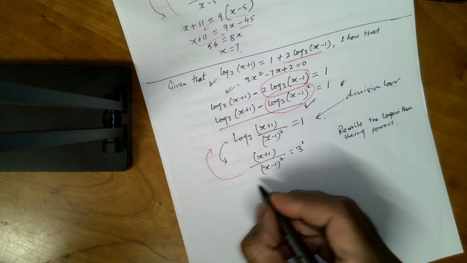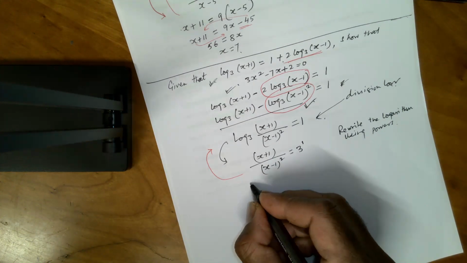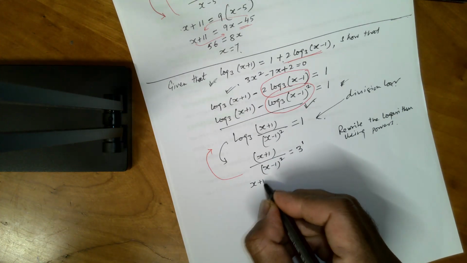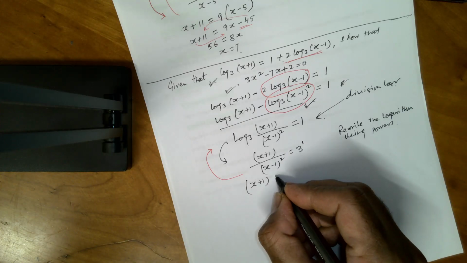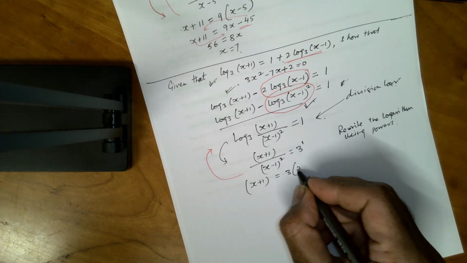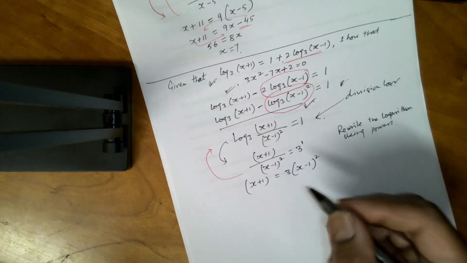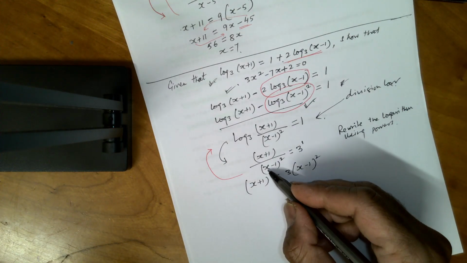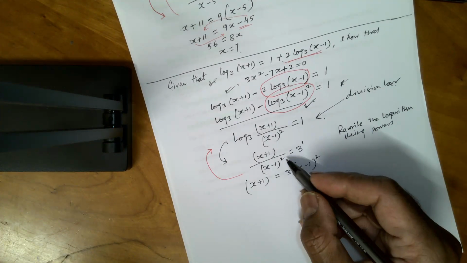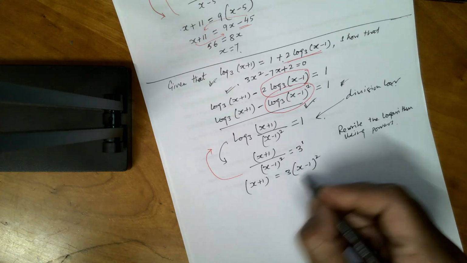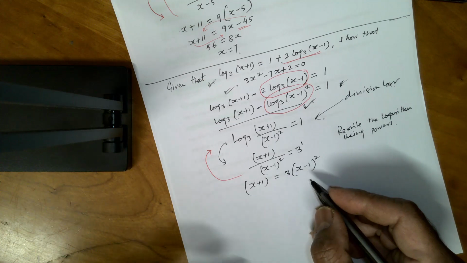Now let's solve this. This can be written as x plus 1 is equal to 3, and this x minus 1, the whole square of that one, I'm taking the other side. So this is what it is.